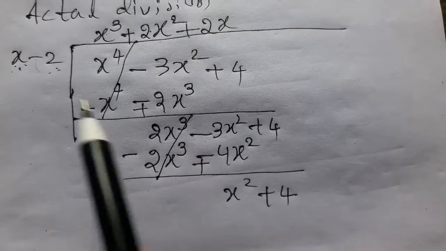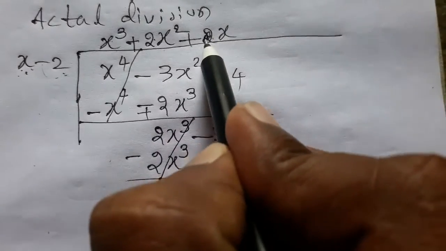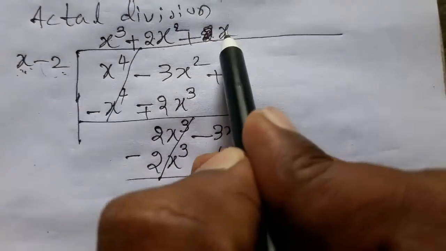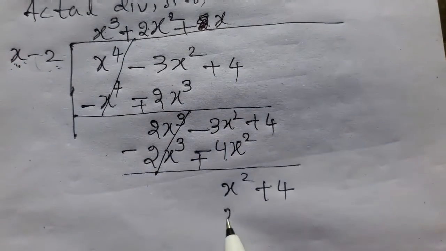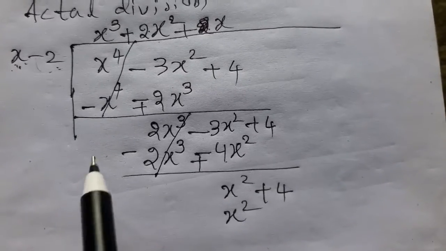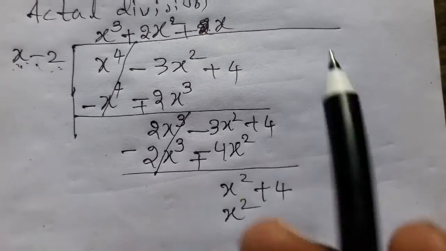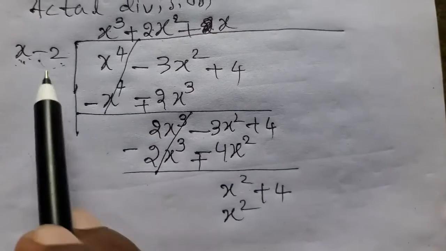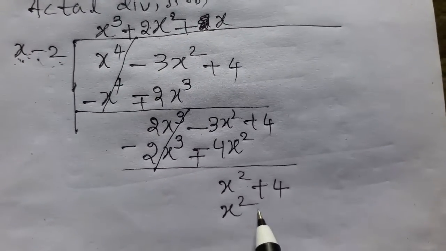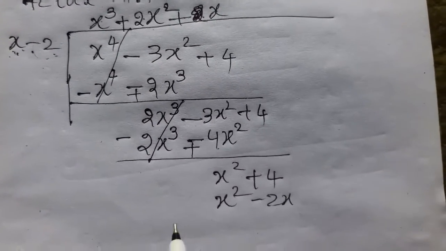Now, take here plus x. We want x square, so x into x became x square. Next, minus 2 into x becomes minus 2x.